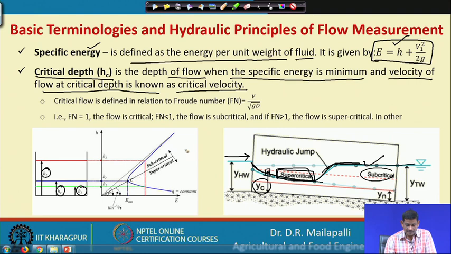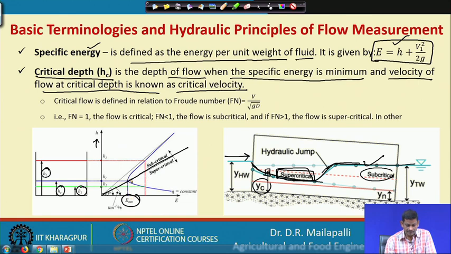If you see the energy on the x axis and height on the y axis, this is the 45-degree line, which divides subcritical and supercritical flow.